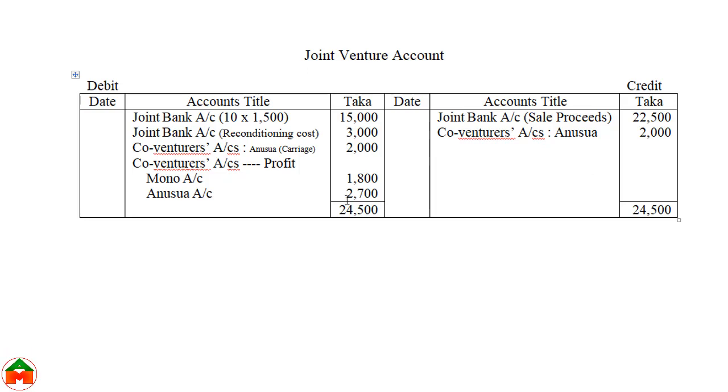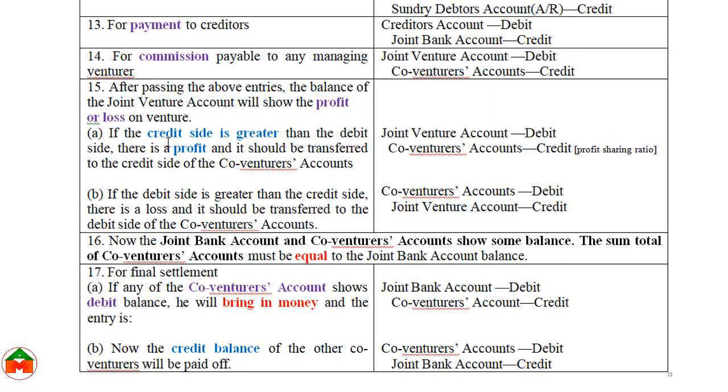But if the debit side is higher, then there will be a loss from the joint venture account. However, whenever the credit side is higher, then it is considered as profit, and for profit you should show joint venture account debit, co-venturers account credit, because ultimately this amount would be shared with the co-venturers, and whenever we are sharing the profit, the sharing ratio should be used.